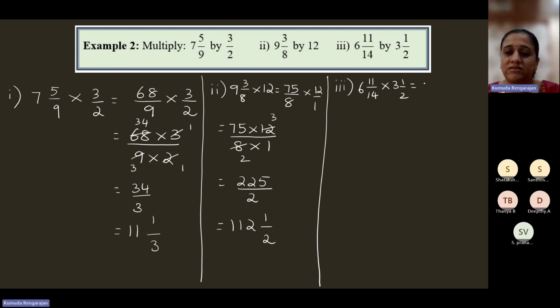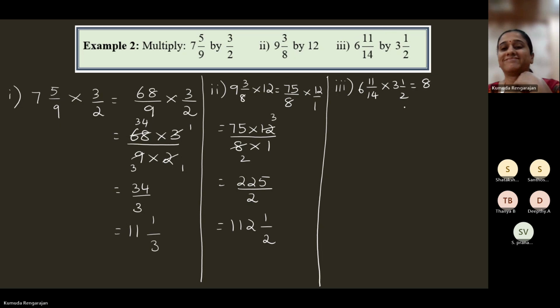Now this one, what is 6 11 by 14 as an improper fraction? 84 by 14. No, you didn't add the 11.